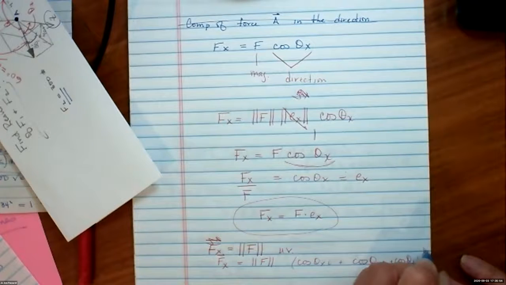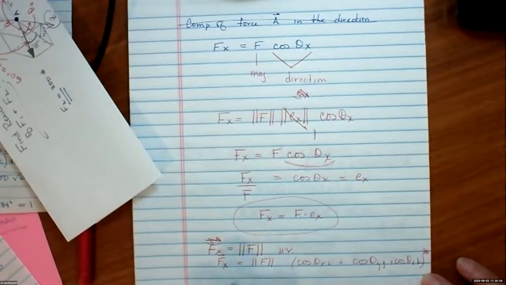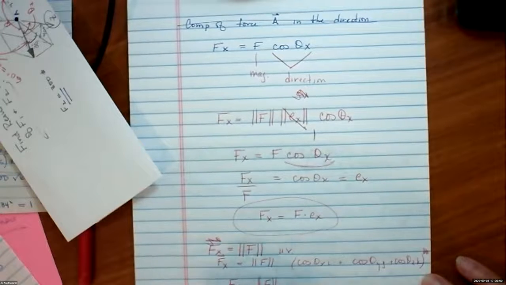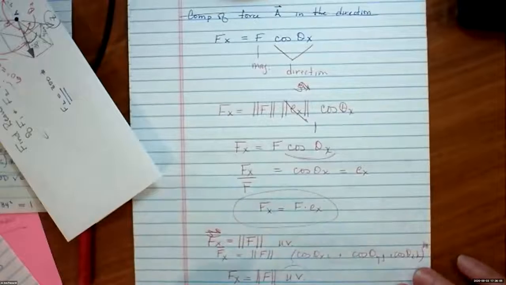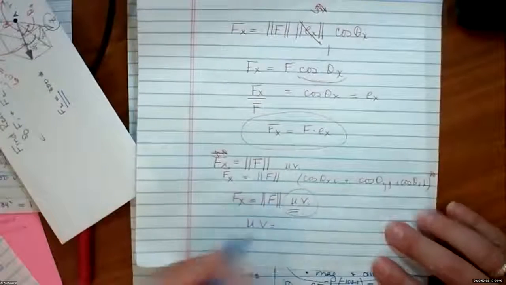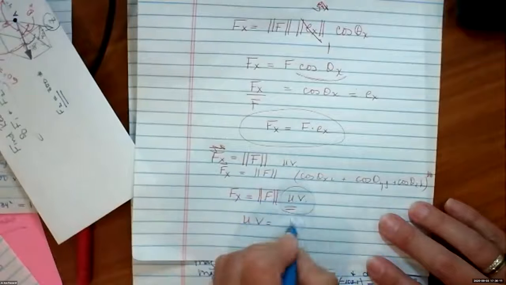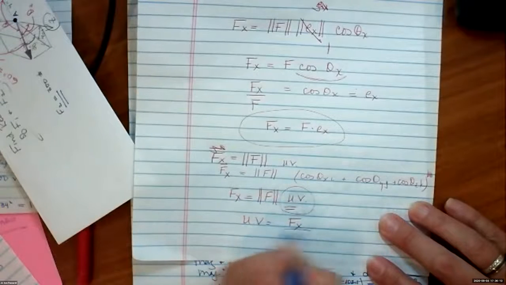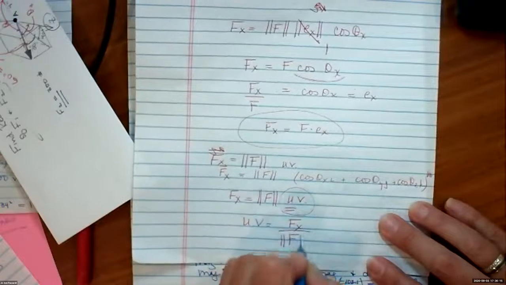Times whatever the units happen to be. So isn't the component of a force equal to the magnitude of the force times its unit vector? So if you're solving for the unit vector, like you said, Angel, if I'm trying to find the unit vector, it is the component over the total force.